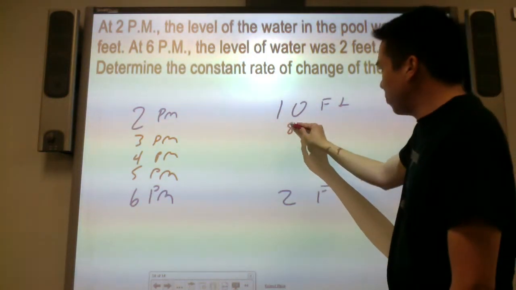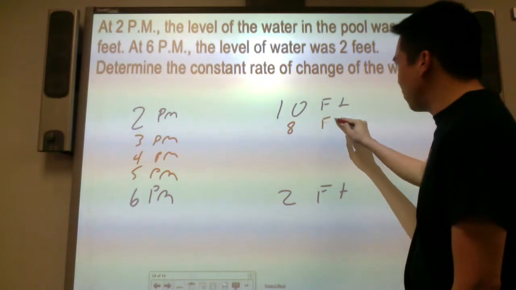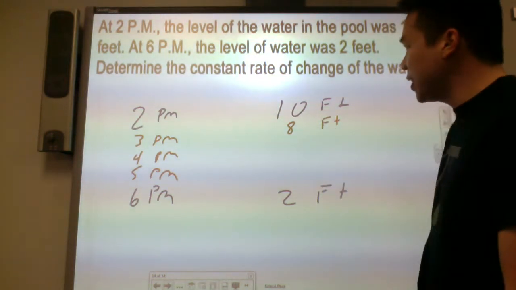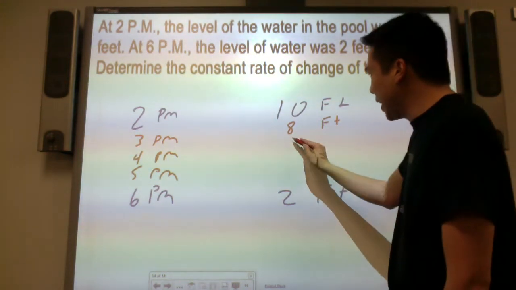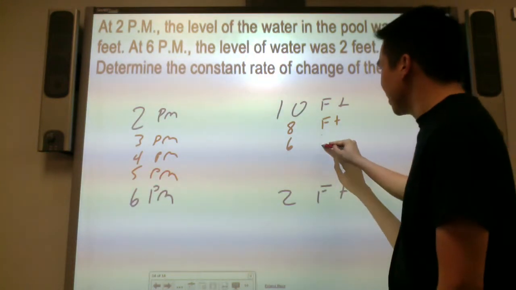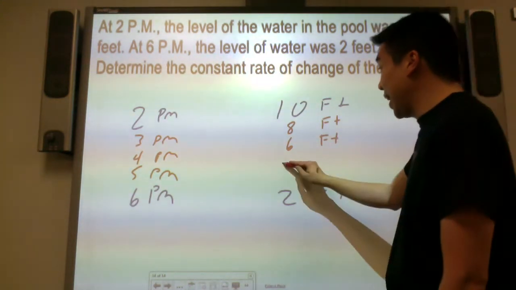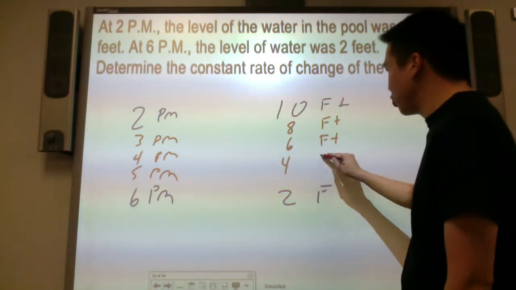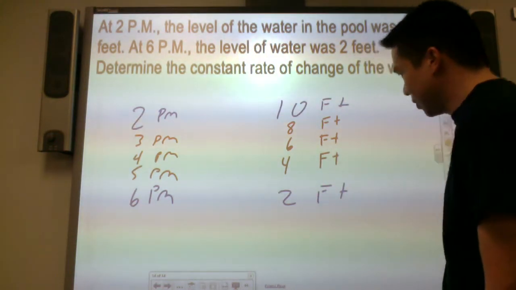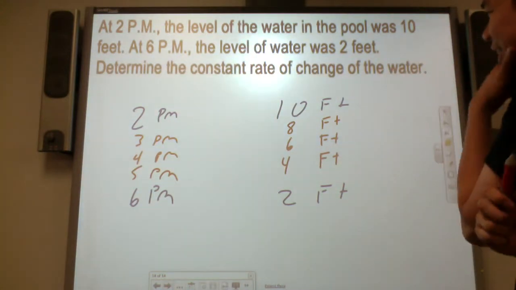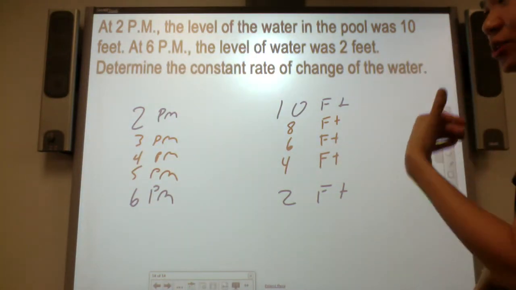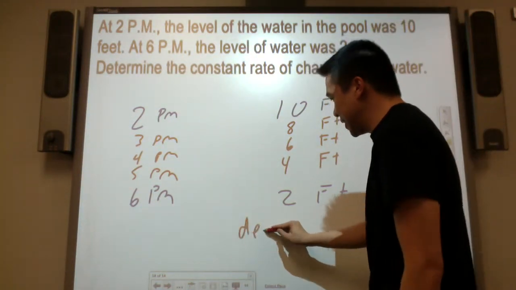I think at 3 p.m. it dropped by 2 feet to 8 feet. And at 4 p.m., I had to surmise, I think it dropped to 6 feet. And at 5 p.m., I had to guess it dropped another 2 feet to 4 feet. So what can you tell me about the change of this? Is it increasing or decreasing? It is decreasing.